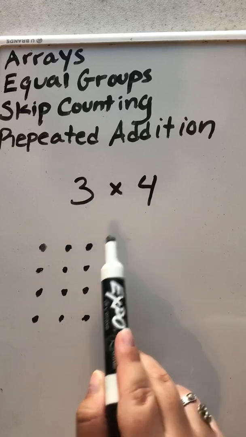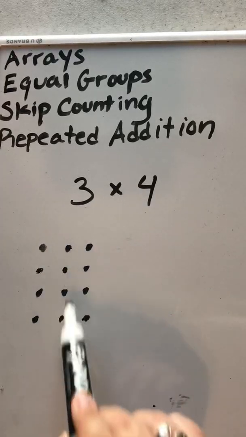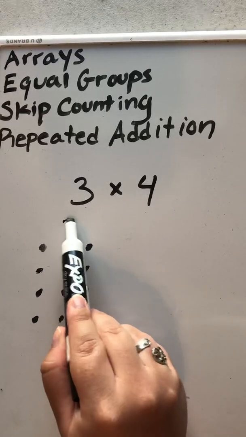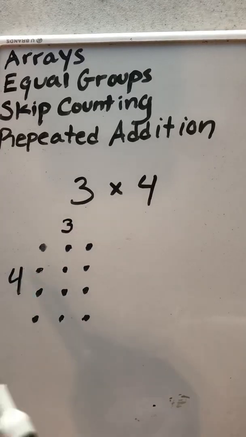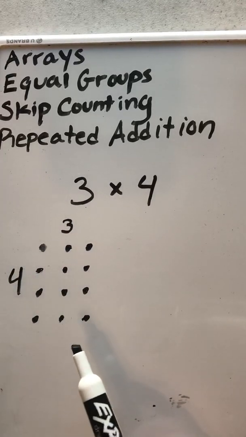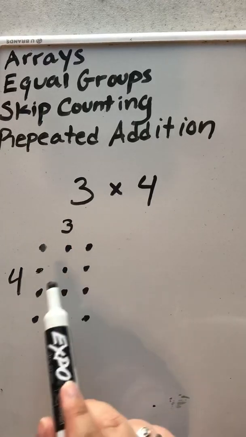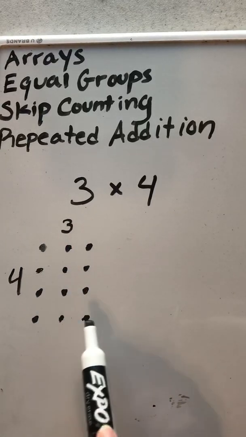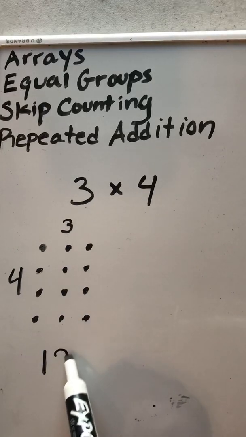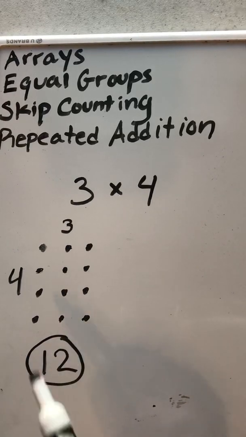Rows with 3, columns with 4. I have a 3 by 4 array. And if I counted up the number of dots in my array, 1, 2, 3, 4, 5, 6, 7, 8, 9, 10, 11, 12, I would see that 3 times 4 equals 12.